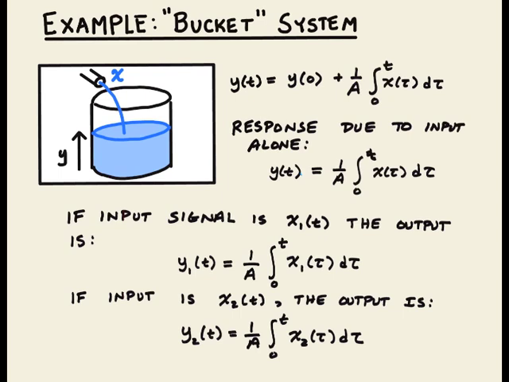If the input was x1 of t, the output would be y1 of t equal to 1 over a times the integral of x1. If the input was x2, the output would be y2 equal to 1 over a times the integral of x2. This is the basic setup to check superposition.